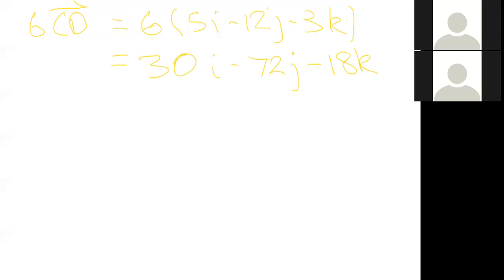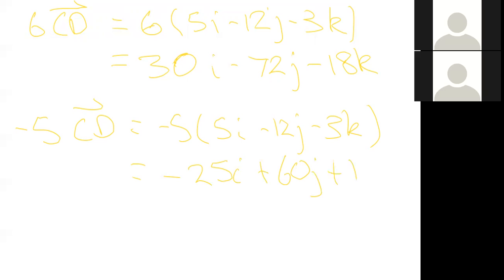Similarly, -5CD is -5 times our vector, which will be equal to -25i, 60j. So that's not too hard, really.